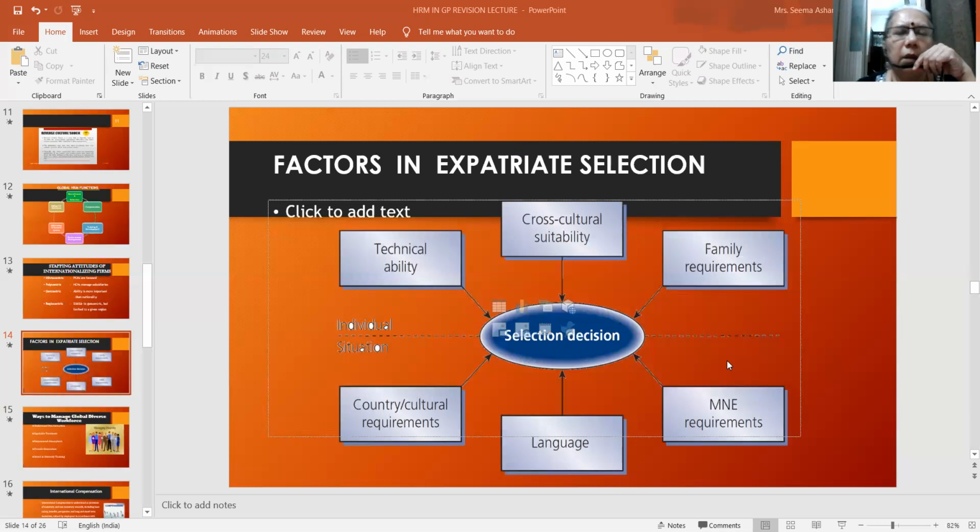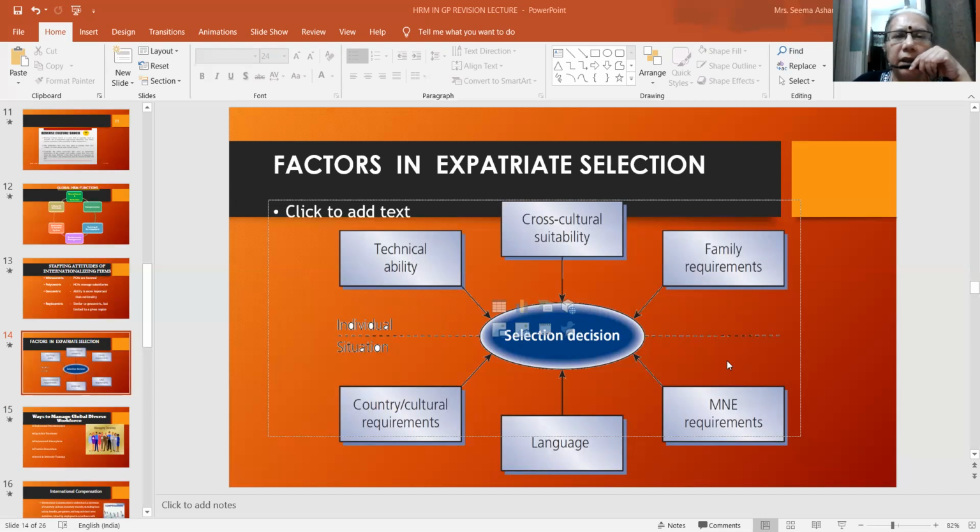Now, when a global HR manager has to select an expatriate, that means any employee who has to be sent for the international assignment, he has to take this decision very, very carefully. Because if this decision is not taken carefully, chances of the expatriate not being able to adjust in the new assignment are very large.